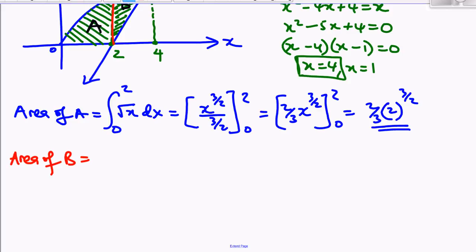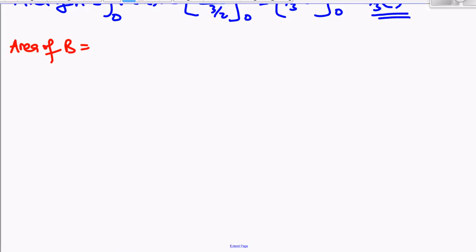Let me increase space. Because B is between two curves, we'll have to integrate between two curves. So area of B will be the integral from 2 to 4, those are our limits, of x to the power a half minus (x minus 2). Remember, the function above is the square root function, dx.